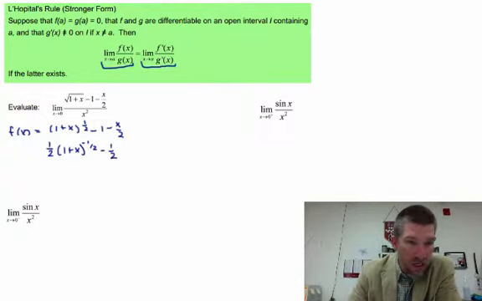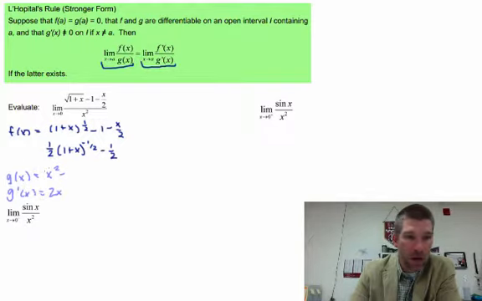Okay, g of x is equal to x squared. So the derivative of that is 2x.